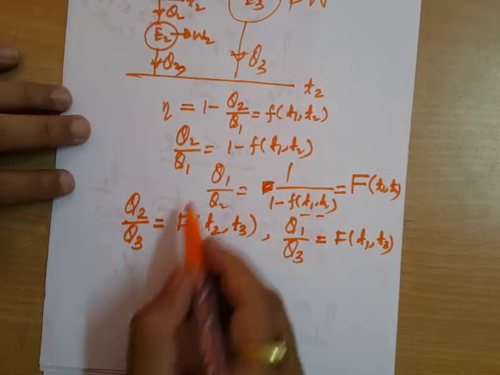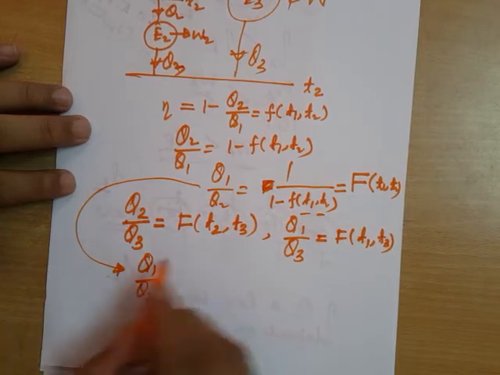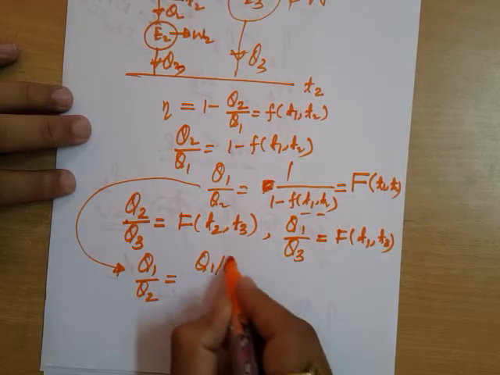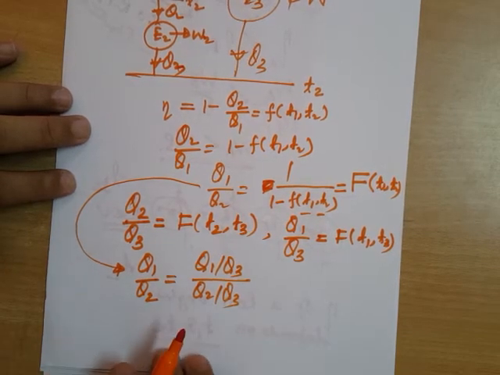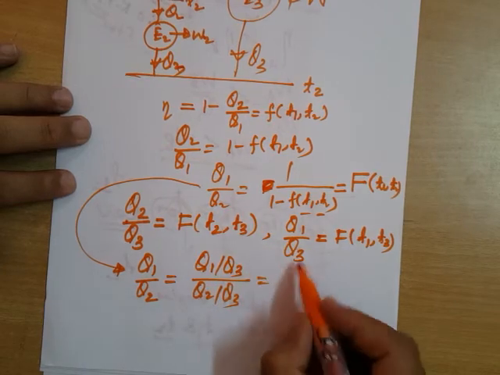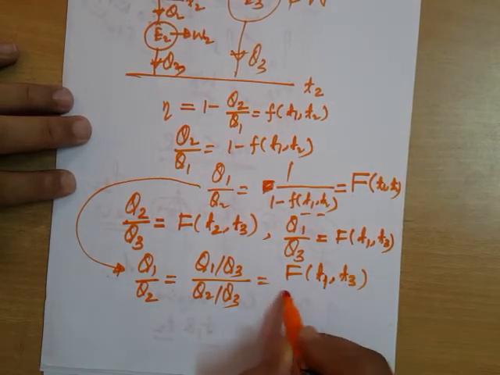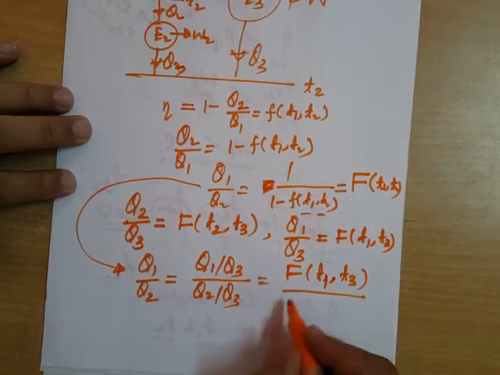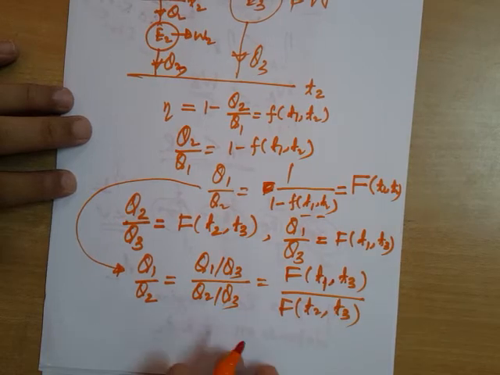So friends, if we consider Q1 by Q2, we can write this as Q1 by Q3 divided by Q2 by Q3. What is Q1 by Q3? It is a function of T1 and T3. And what is Q2 by Q3? It is a function of T2 and T3.